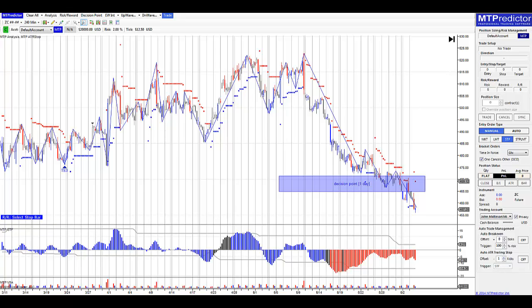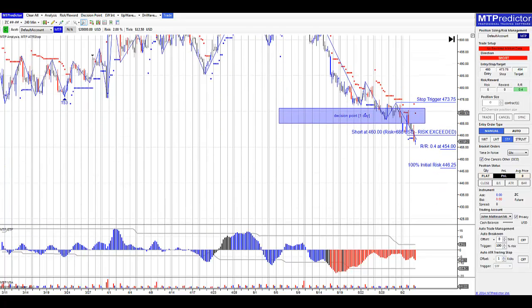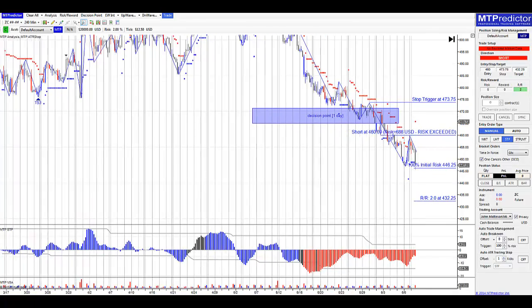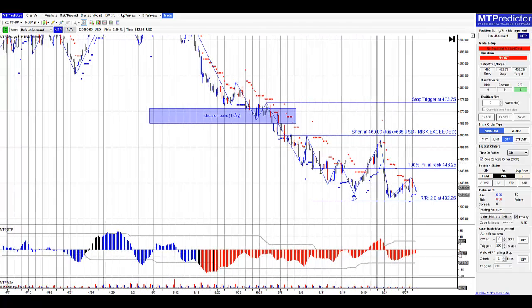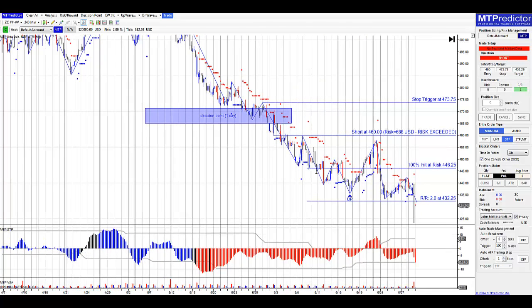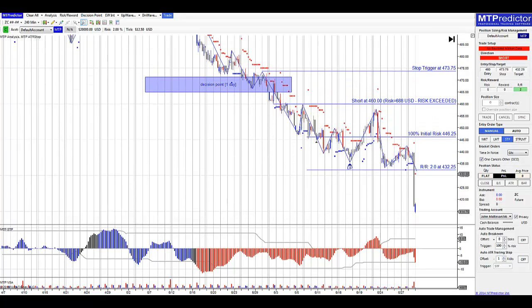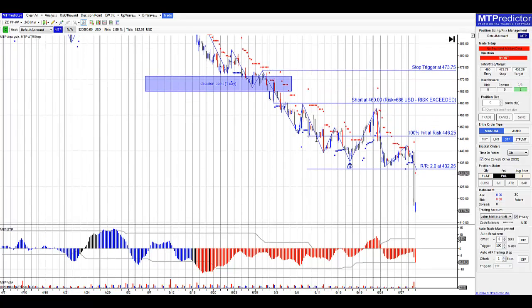Let's say we're even going to use this swing high as our 2R target there. Again, with strength on the STF, we probably would have had to just come out at this target here. Strength showing now once this candle closed.